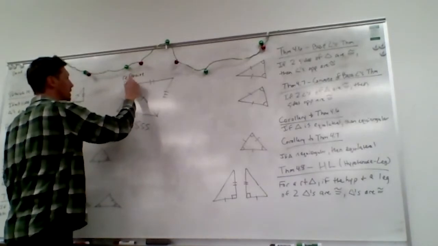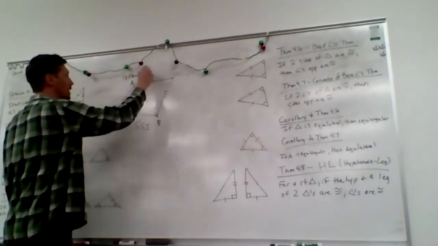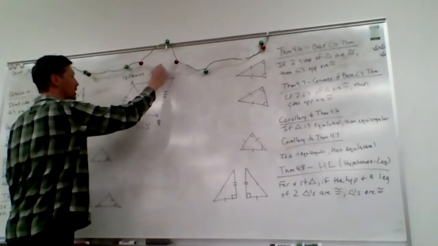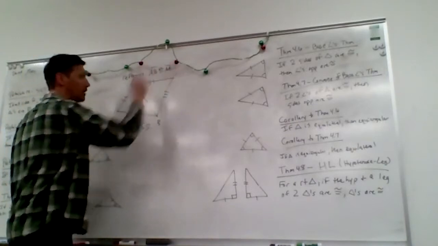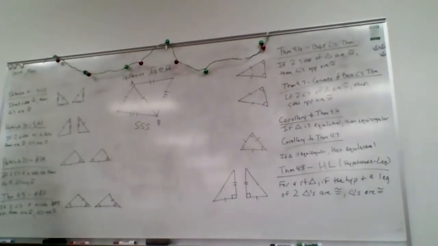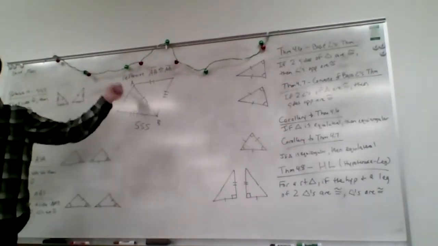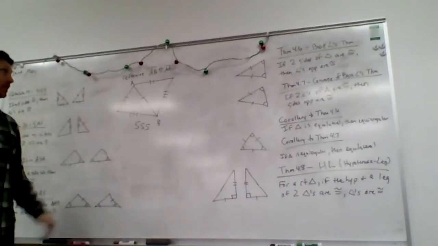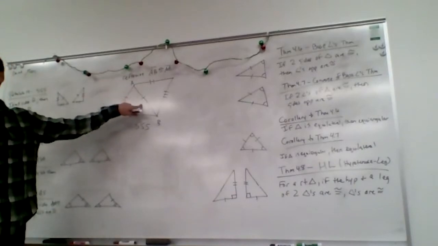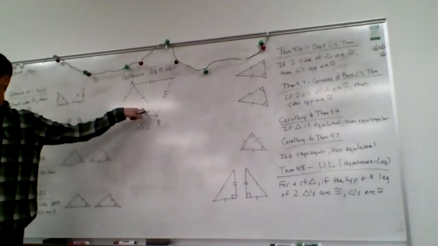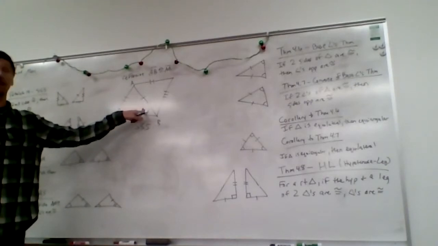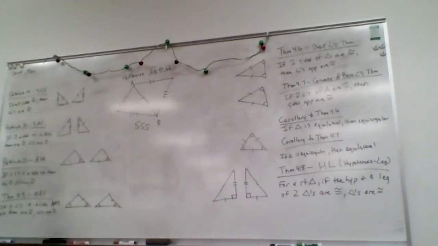So if this was A and B, the reflexive property tells us that AB is congruent with AB. And remember how when we were learning that stuff, it was like, why would we even learn that? What's the point? Well, it's because of problems like this. Now we see why, when we're doing our proofs, like Mary said, this one's congruent to itself. That's the reflexive property that we would list as our reason.